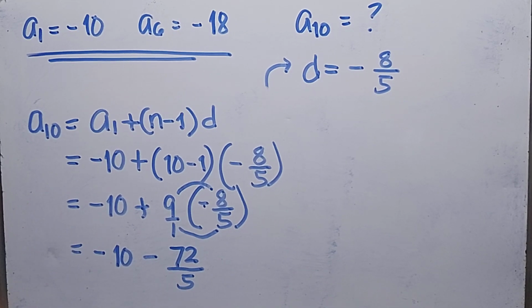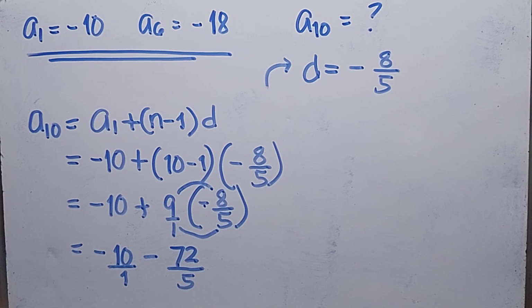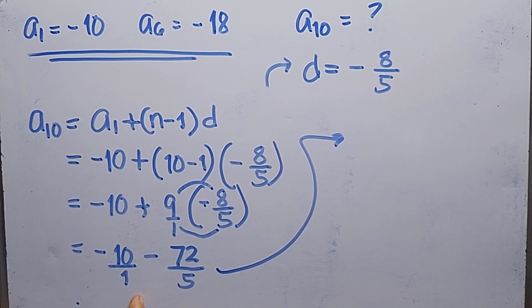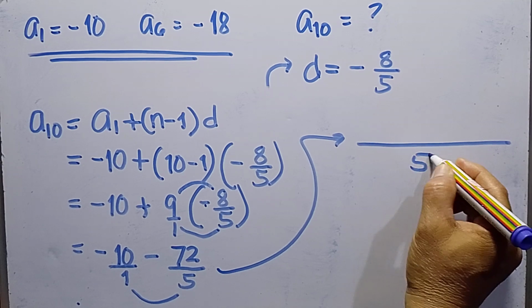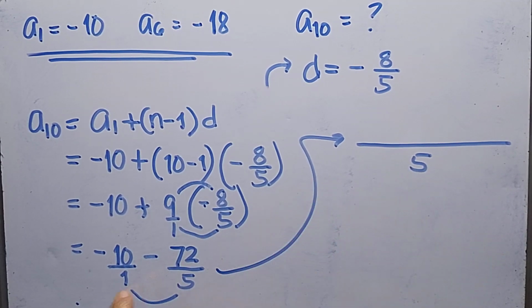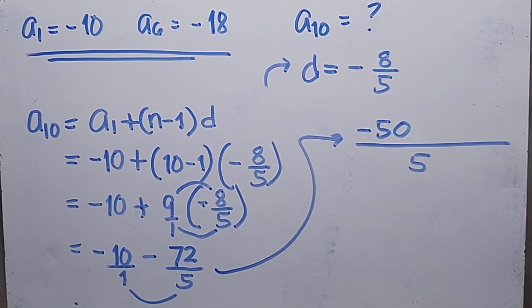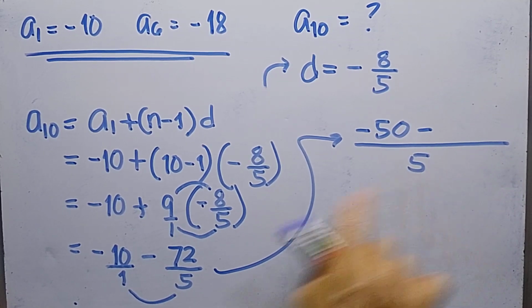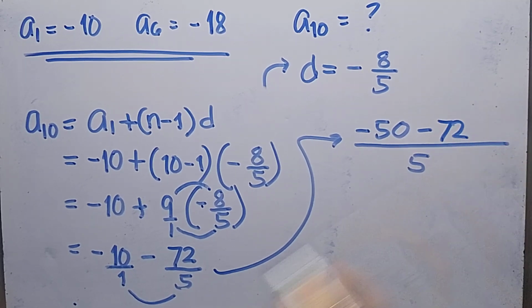Now what is my a sub 10? Since I don't have a denominator for negative 10, I will put 1. And then I will find the LCD, which is 5. 5 divided by 1 is 5 times negative 10, that is negative 50. Minus, 5 divided by 5 is 1 times 72, that will be 72.